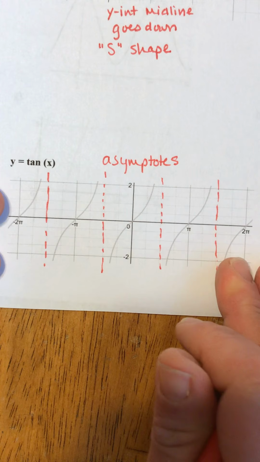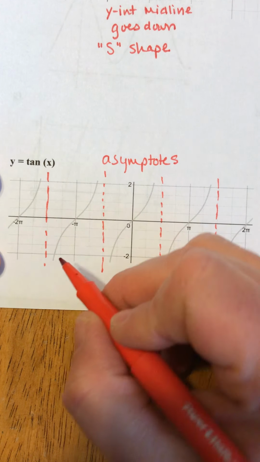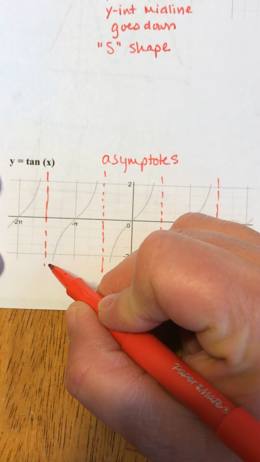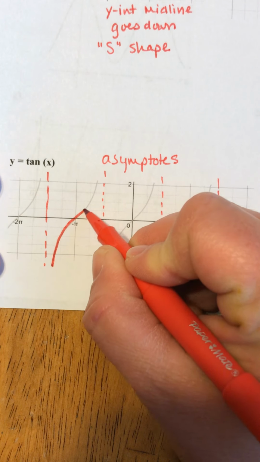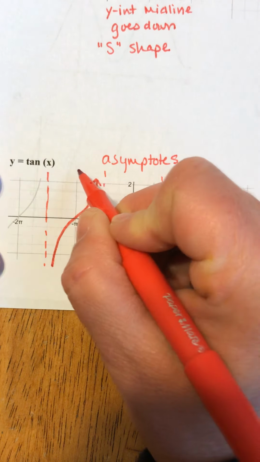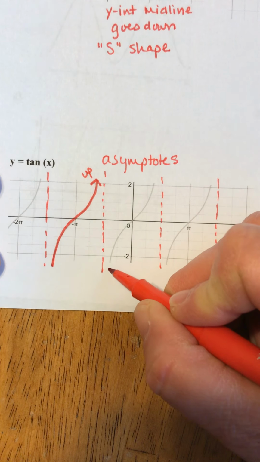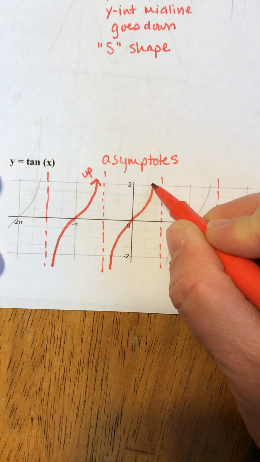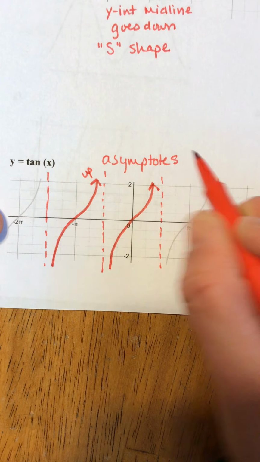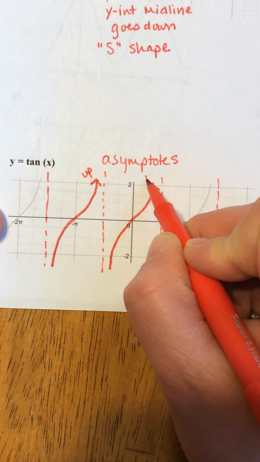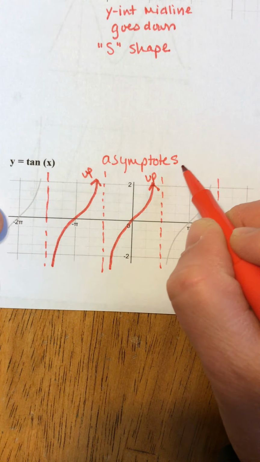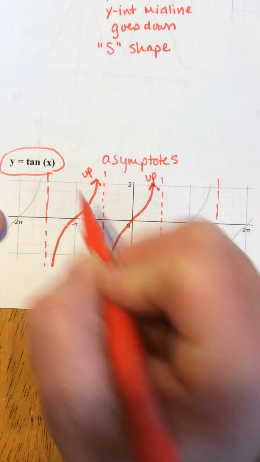The other way you can identify a tangent graph is to put your pen on any part of the graph and go from left to right, and see what happens. I'm going like this, and this graph goes up. If I do another one from left to right, this graph goes up. So when you have the asymptotes, and these lines go up each time, you have a positive tangent of x graph.